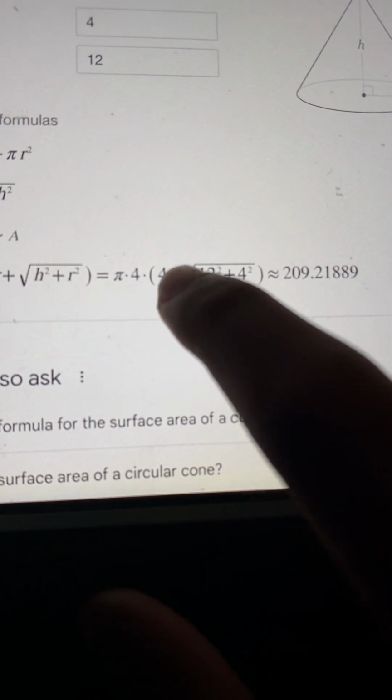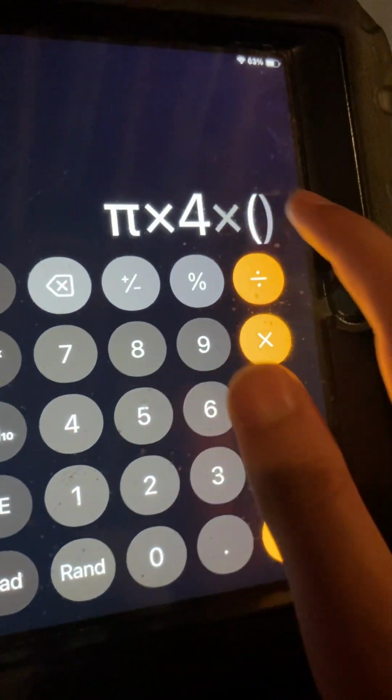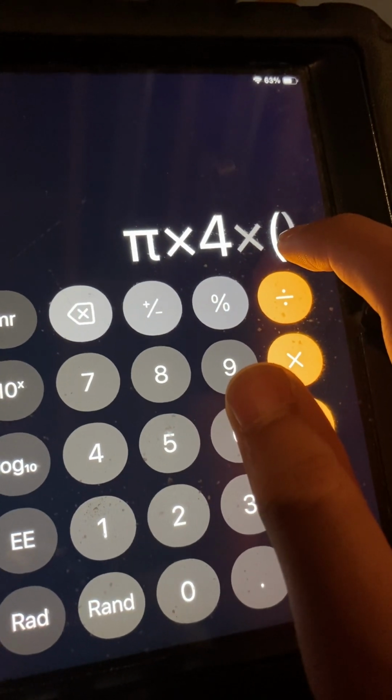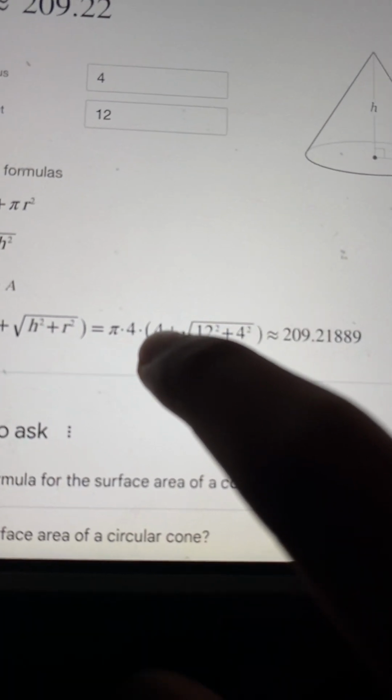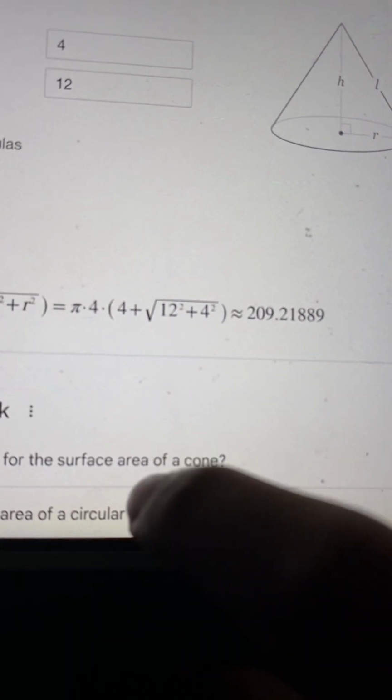So now is the time to add in parentheses after you do pi times 4. Parentheses now, pi times 4 times, notice how it's times, because when a number is next to a parentheses, it signals that it's going to be multiplied by another number. So pi times 4 times 4 plus the square root of 12 squared plus 4 squared.